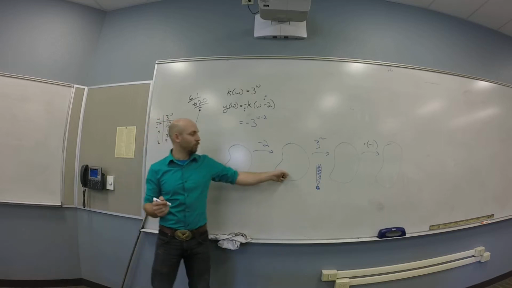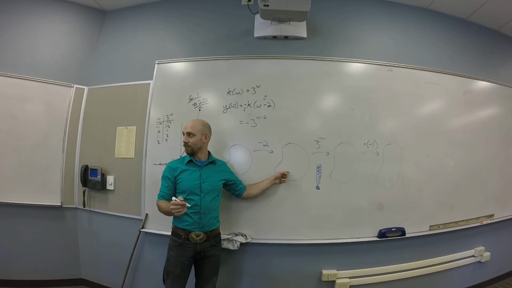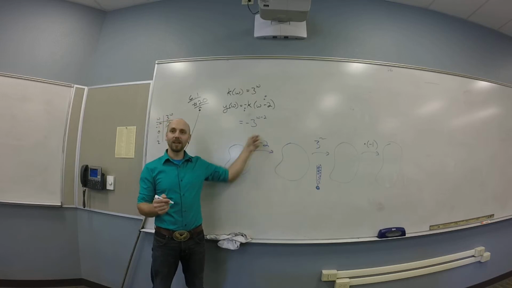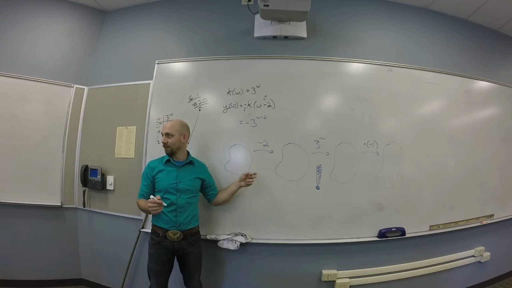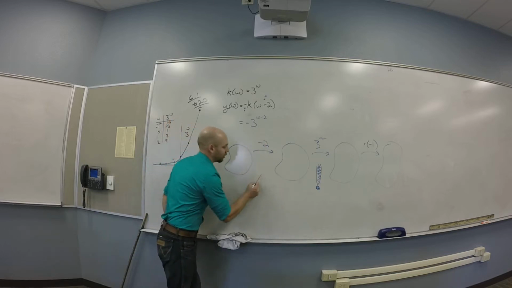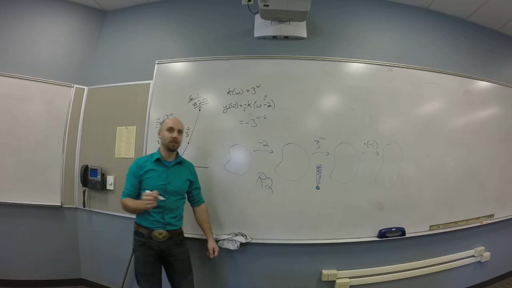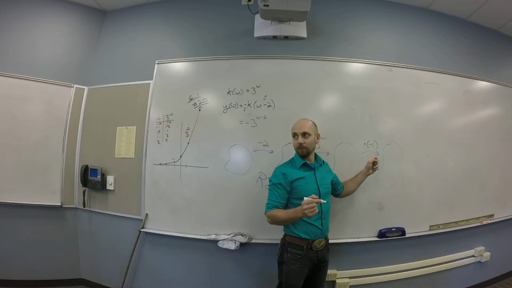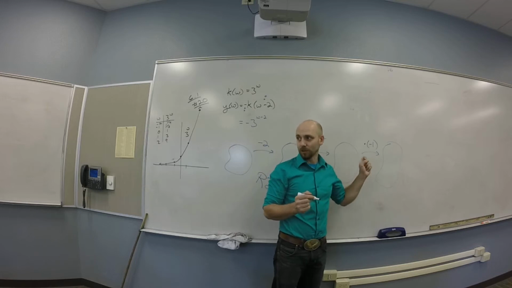Right, because you're changing what you're putting in. This is what's going to be put in, so I'm going to change that first. So this -2, that's an x thing, and since there's no justice in the world, that's a shift to the right by 2. So that part's right 2. Then this guy, where I multiply by -1, is that affecting the inputs or the outputs?